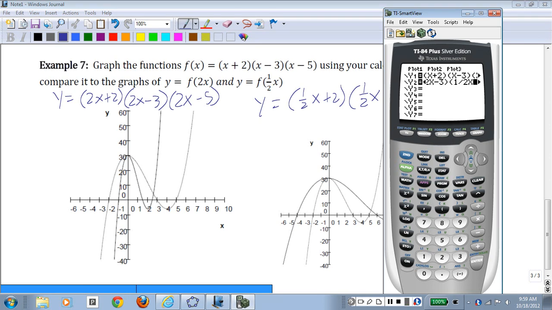And we can graph the original, and then it should stretch the graph horizontally by a factor of 2. And it does.